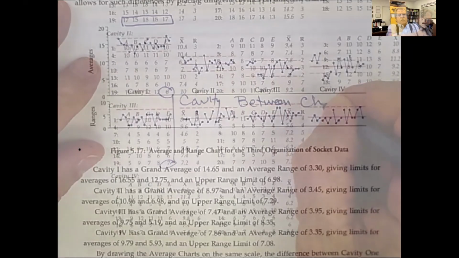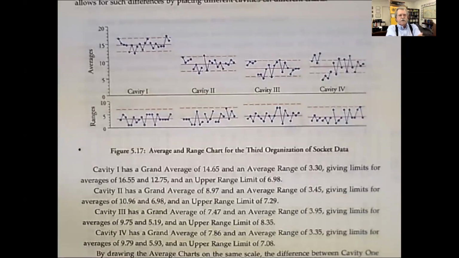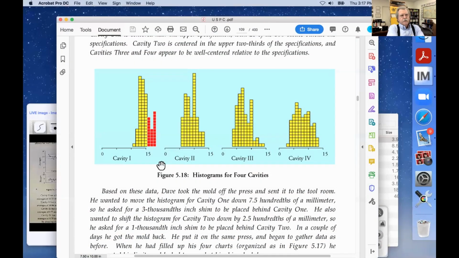Dave showed me the charts and said, I don't know what to do about getting this process in control. I've never gotten a process in control before. But I know what to do about cavity 1, by gum. The specs are 0 to 15. So cavity 1 is making all of the non-conforming product.